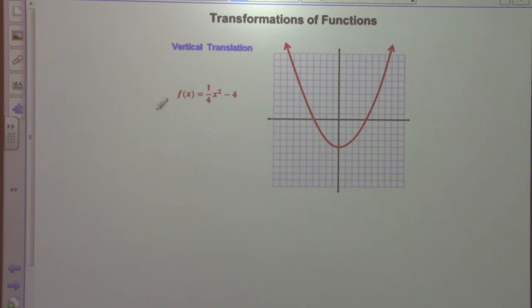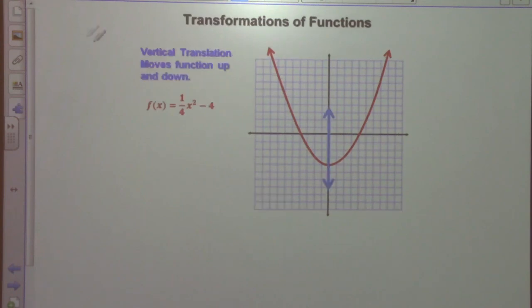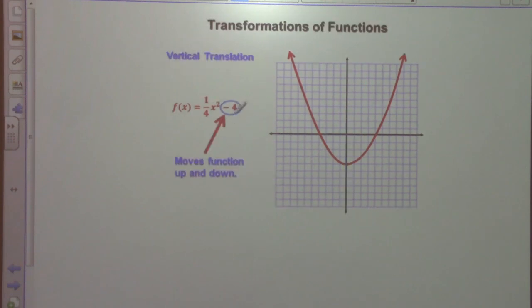Vertical translation. Now, vertical translation is fashioned by taking this last value outside here, this -4, and that's going to move things up and down. This thing here at the end of the function that's kind of separate, we're going to later call the constant k.